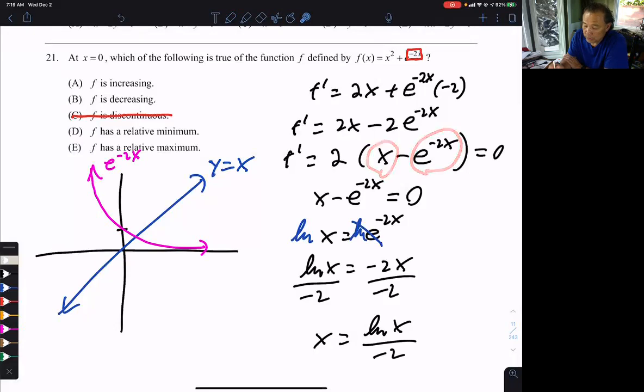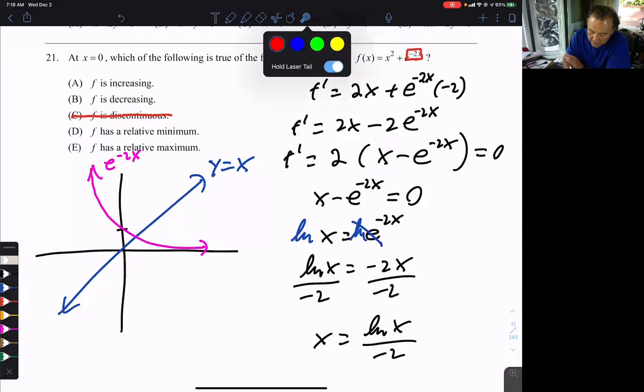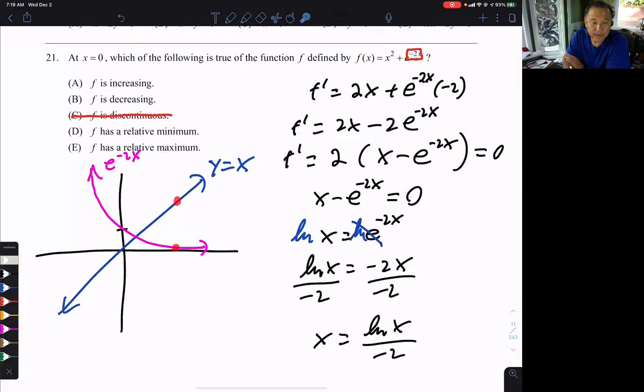It's going to be the blue minus the pink. Now let's look at what's going to happen on all of these here. And I think we're going to figure this out. If you took the y value here minus the y value there, it's going to be a positive number because you're taking a big number minus a small number, so it's positive. And all the way here, that minus that is going to be positive. And here, if you subtract the blue from the pink, it's going to be 0.